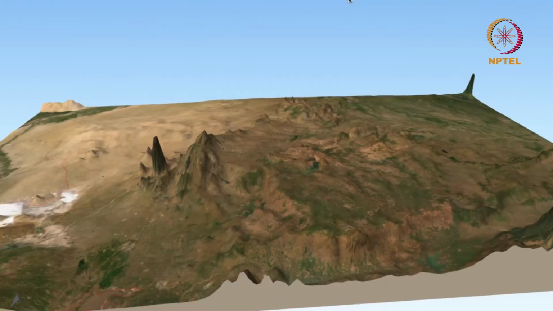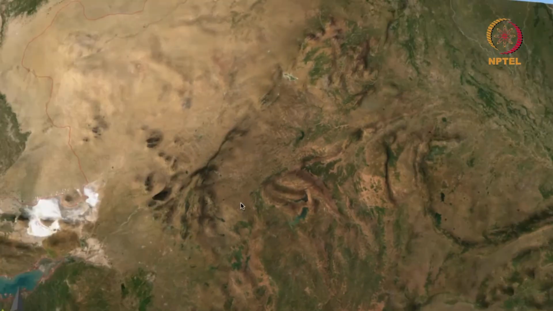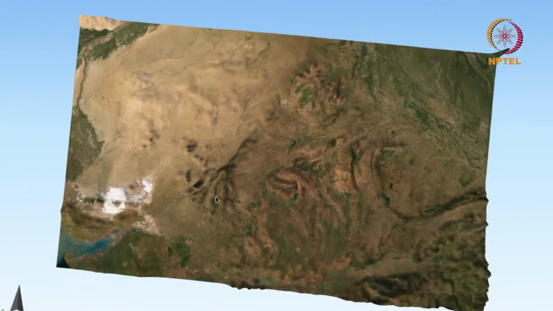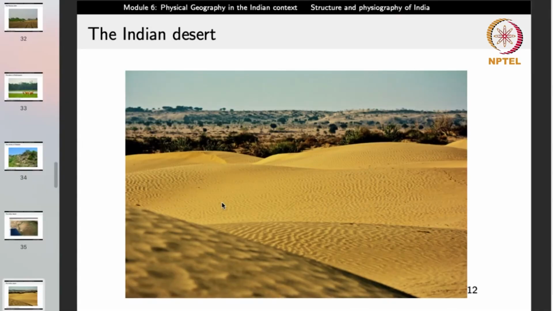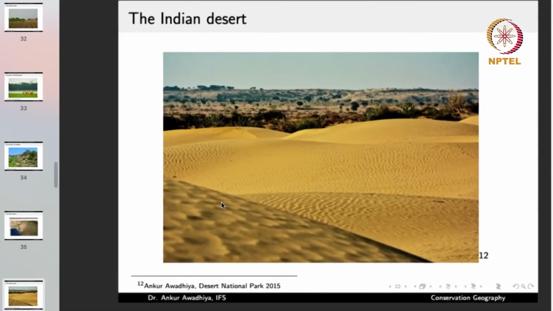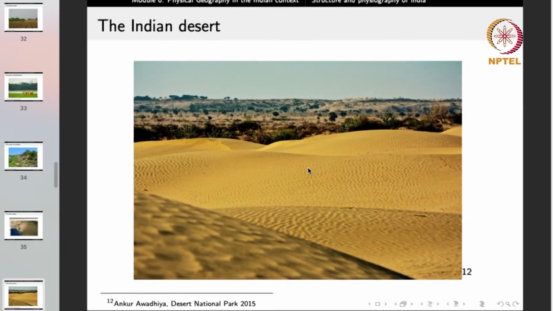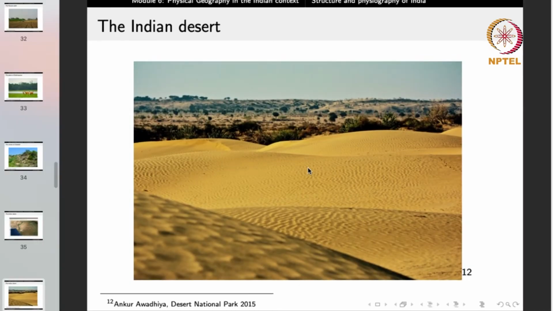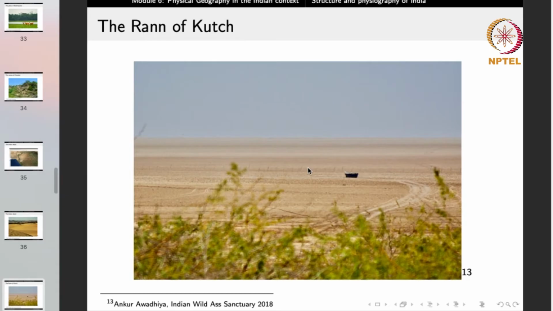So Rajasthan is primarily a desert area because the Aravallis are oriented in this direction such that they are not able to stop the monsoons. So this is what the Indian desert looks like. So we have large areas that are completely covered with sands and sand dunes.